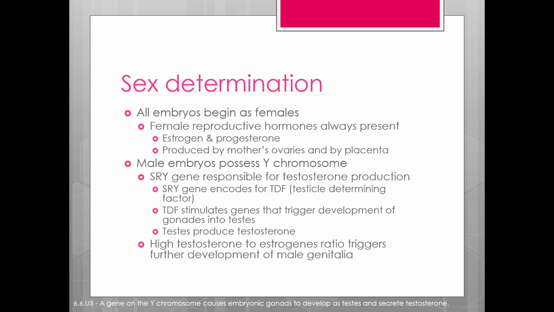Another situation is created by hormonal imbalance during pregnancy. For instance, if the mother takes high doses of testosterone, as you probably know happens sometimes in sport, because testosterone may be used as a sort of doping, then it may happen that the embryo, which actually should develop as female, will convert into male due to the presence of testosterone.